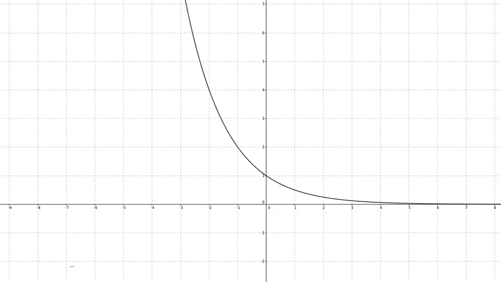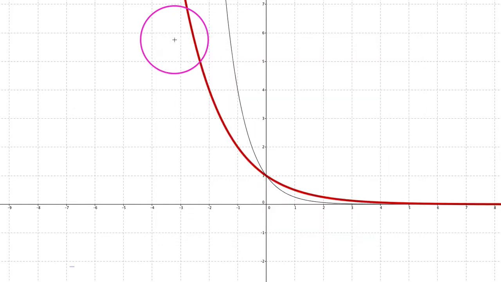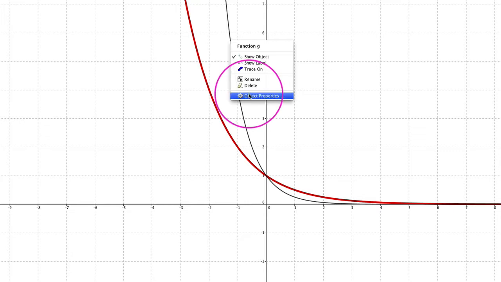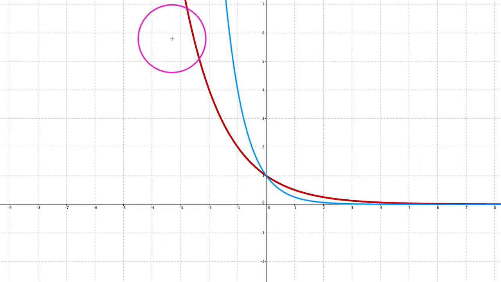And we say g of x equals 4 to the power of negative x. I just want to keep this video short, but I'll change the colors on these so that we can see them more easily. Change this one to a blue one. You can still see that y equals 4 to the negative x is a little bit steeper decay.